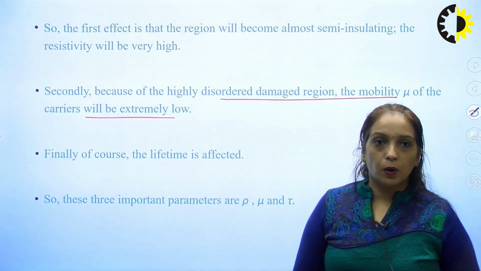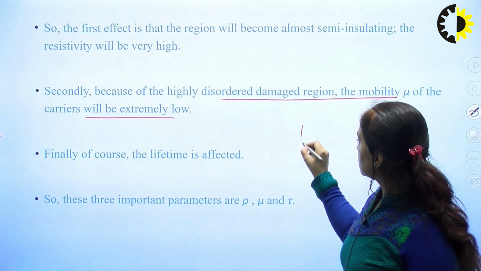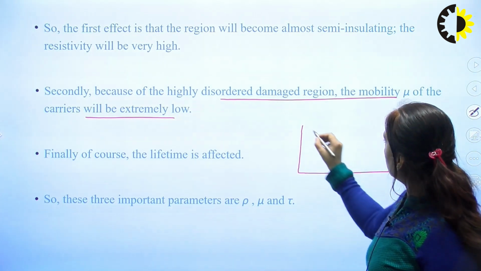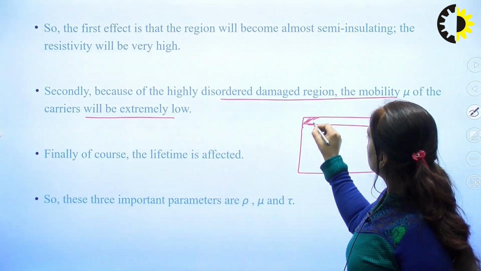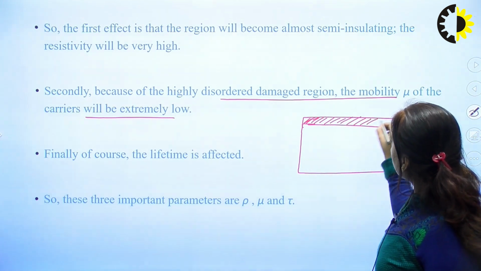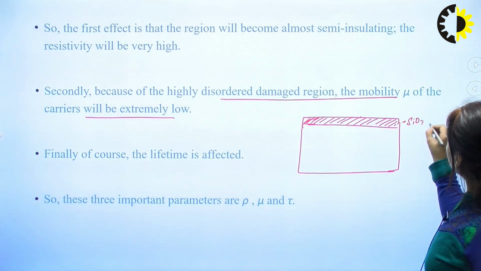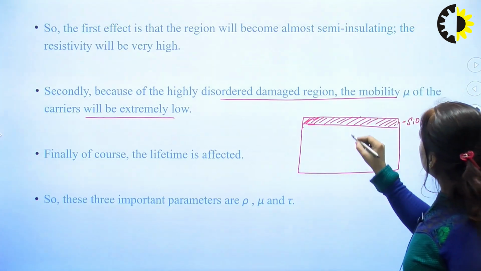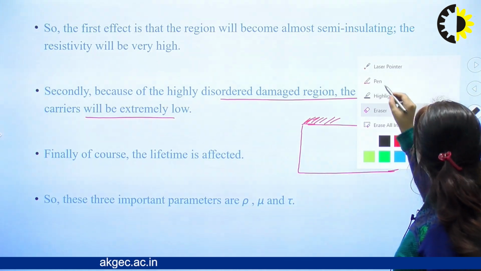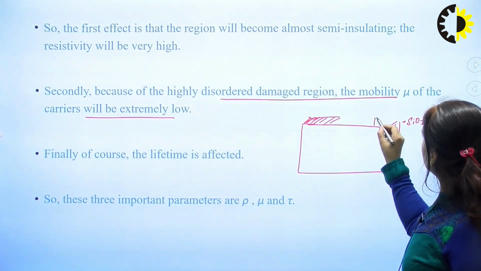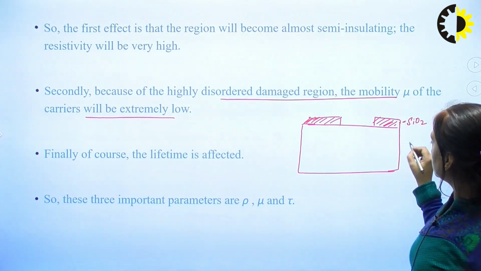So what can we do to avoid this? If you check the structure of the crystal, suppose we have this semiconductor, we have the silicon dioxide, and some portion is removed so that we can implant some of the diffusion dopants inside.